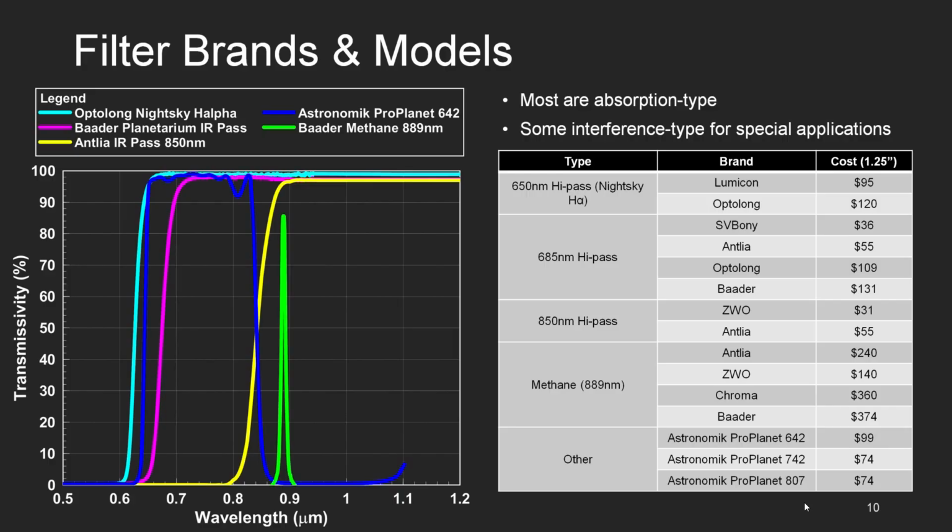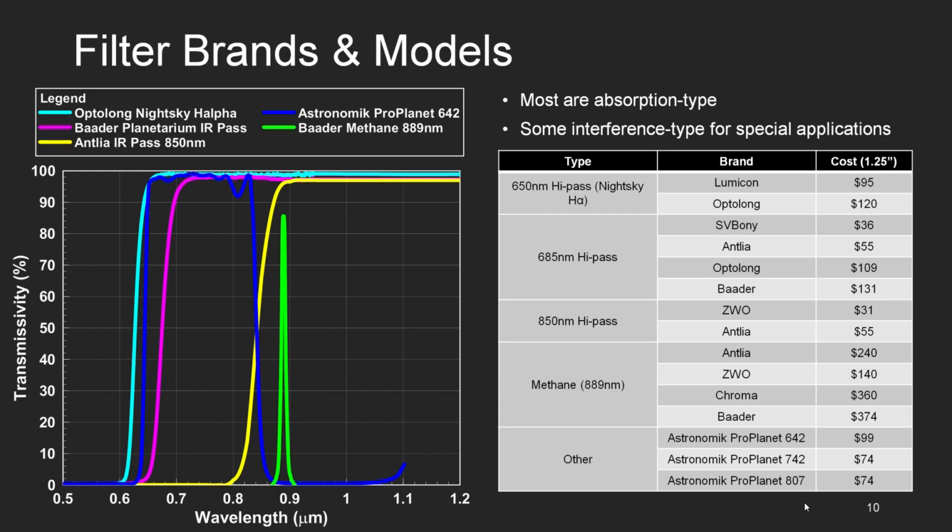German filter manufacturer Astronomic sells 3 different broad bandpass filters with cut-on wavelengths at 642, 742, and 807 nanometers. The 642 is shown here on the graph in blue.